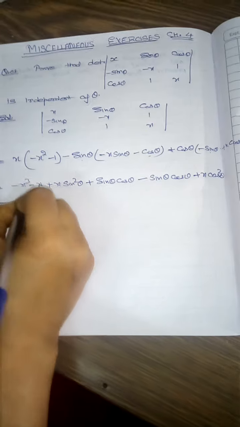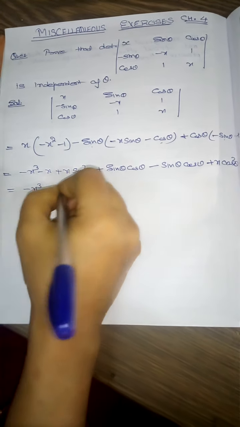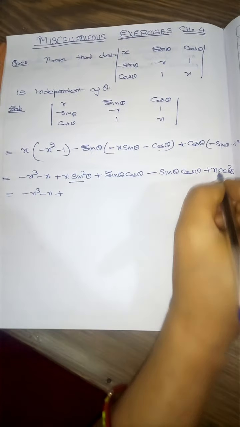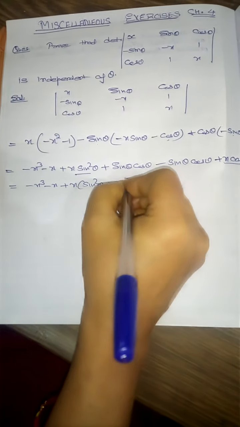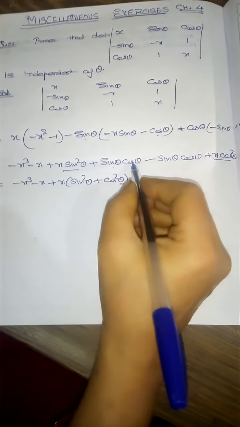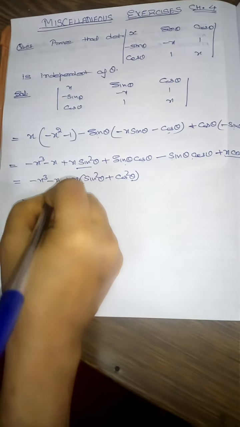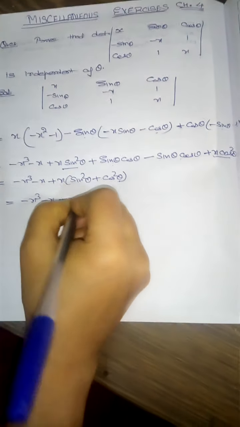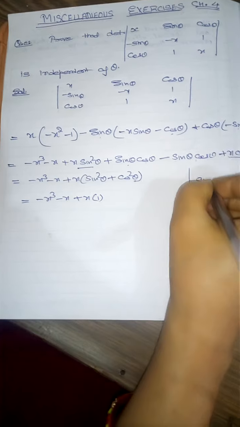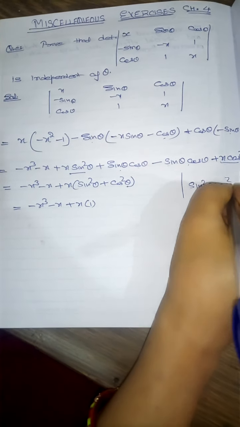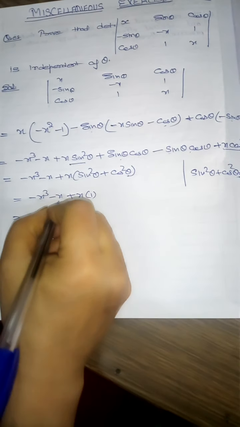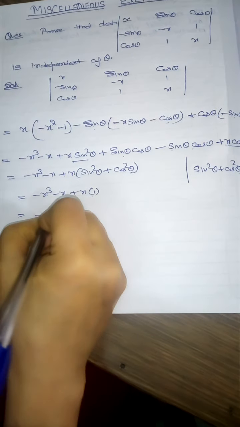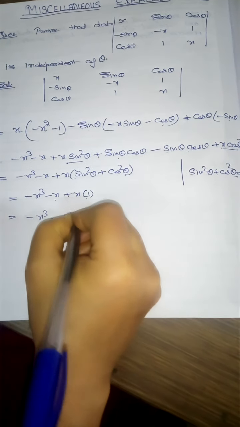After that we write minus x cube minus x plus x is common from this term and this term, that is sin square theta plus cos square theta, and sin theta cos theta cancels with minus sin theta cos theta. So what is left is minus x cube minus x plus x into 1, because you know the identity sin square theta plus cos square theta is equal to 1. Again minus x cancels with plus x, and what is left is minus x cube, which is independent of theta.